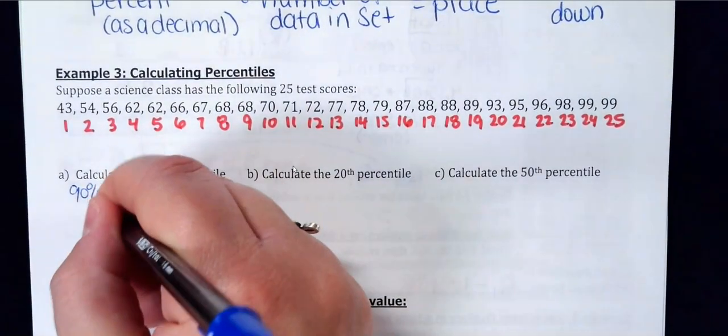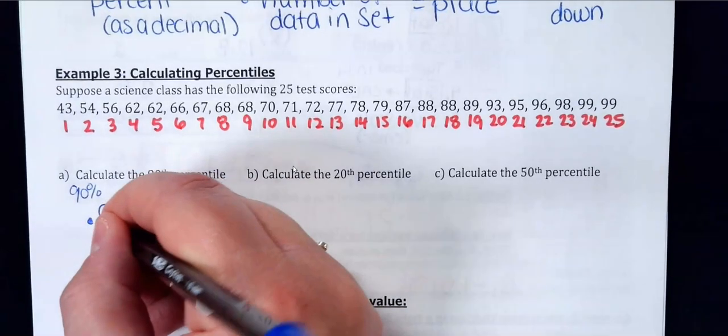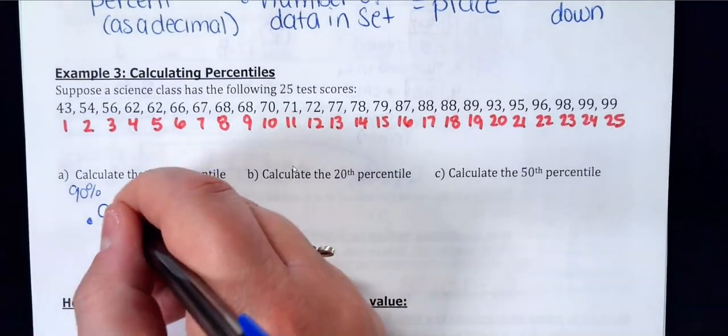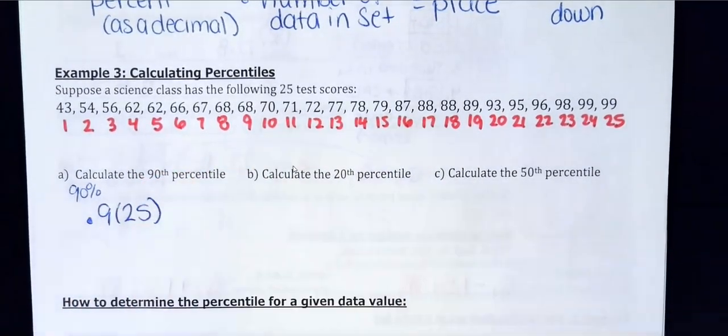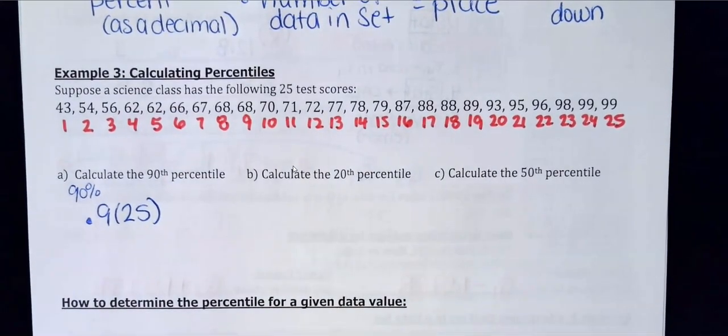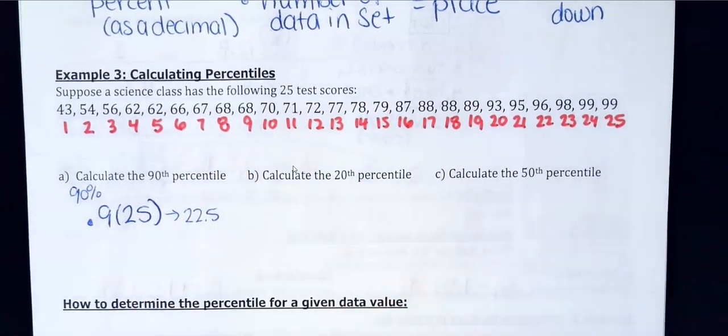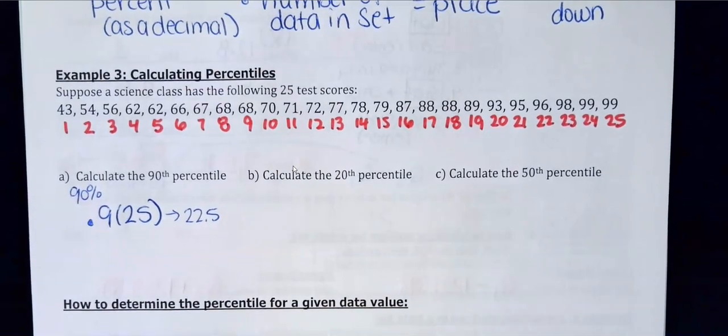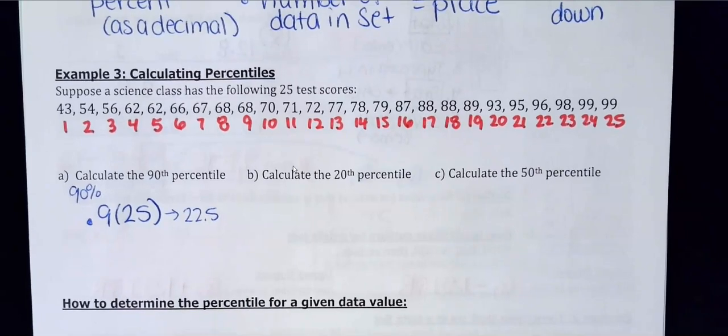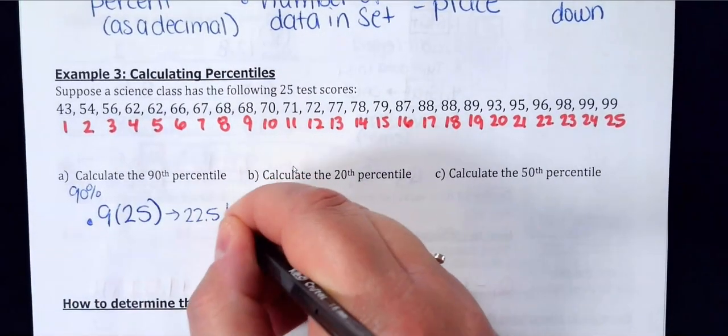So you're just going to take 0.9 times however many data values I have, which is 25 here. Sometimes it's a nice number, sometimes it's not. It just depends on the question. So this ends up being 22.5. Now, a normal person would round that to 23, but when you're working with percentiles, no matter what, you always round down. So I'm going to round that down.